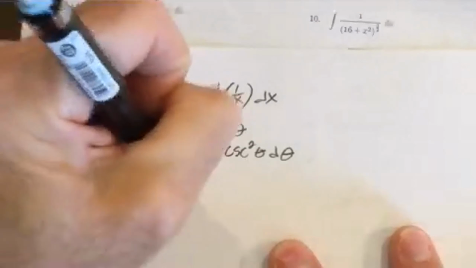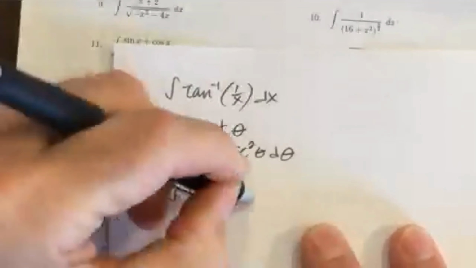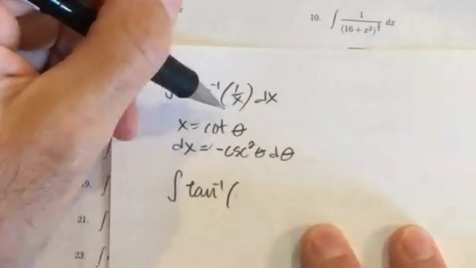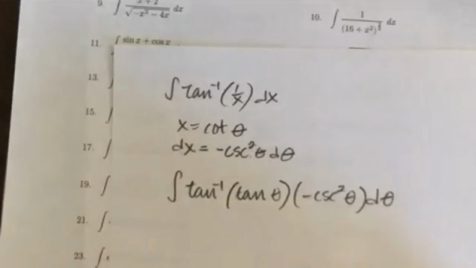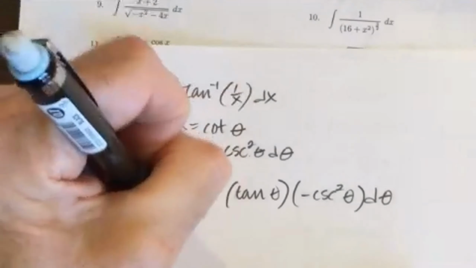So inverse tangent of 1 over the cotangent. But what is 1 over cotangent? Tangent. Tangent times minus cosecant squared theta d theta. Hey, I like this. What is the inverse tangent of the tangent?